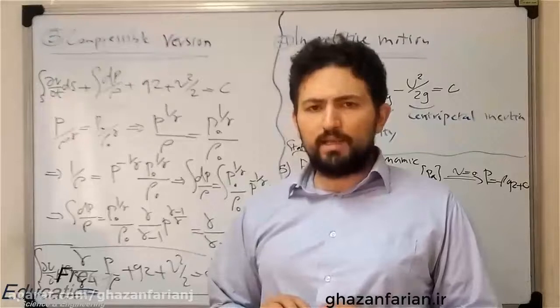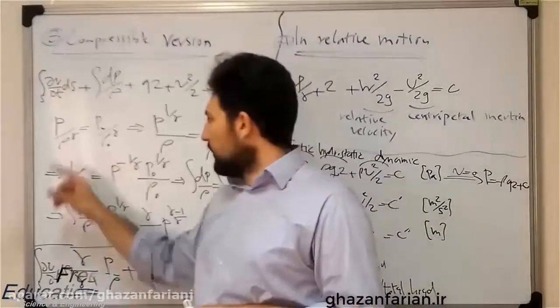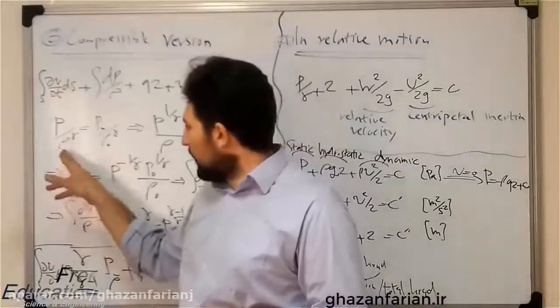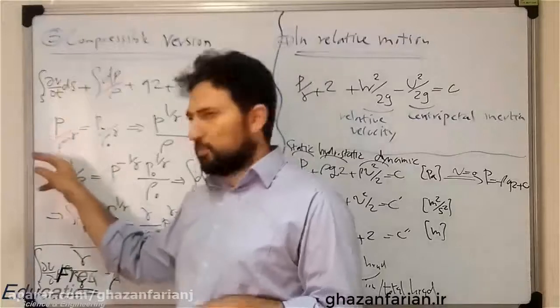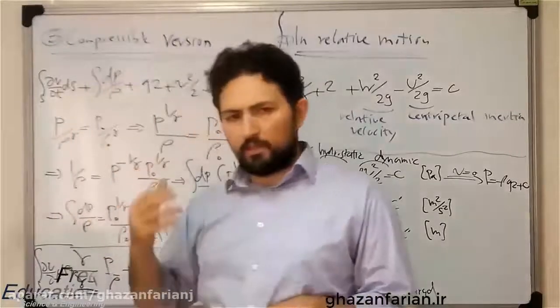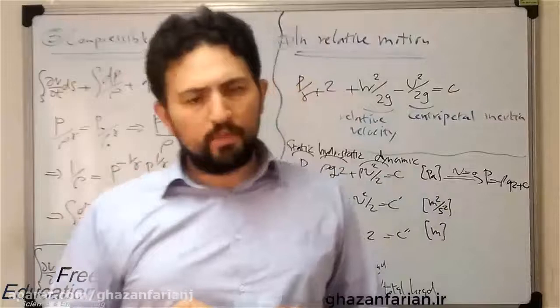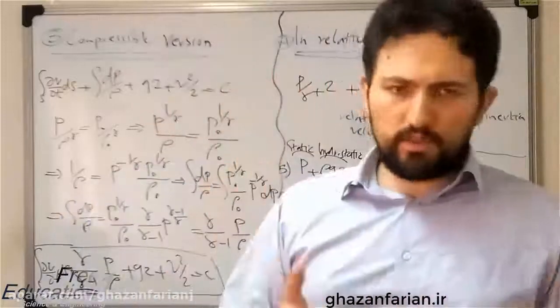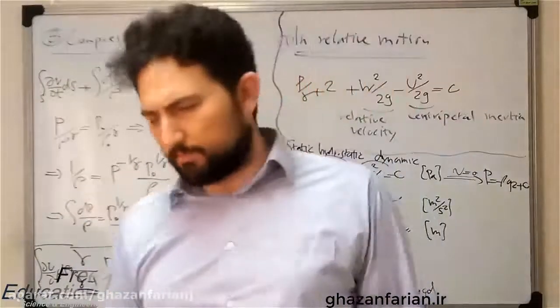So the isentropic relation, which gives such a relation between pressure and density, can be used to describe a reversible and adiabatic process.